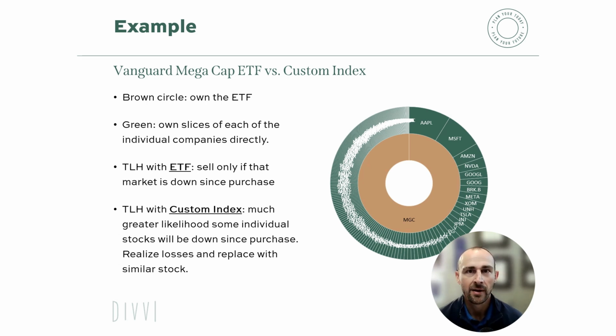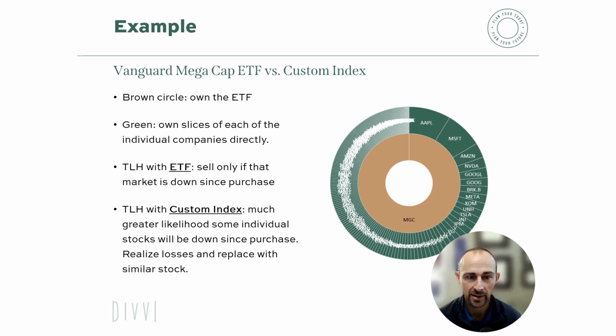Now, there's some nuance here. With direct indexing, you probably will not own all of the underlying securities. But for the purposes of this conversation, I think it's okay to at least understand that you will own several hundred, perhaps, individual stocks as opposed to that one ETF.